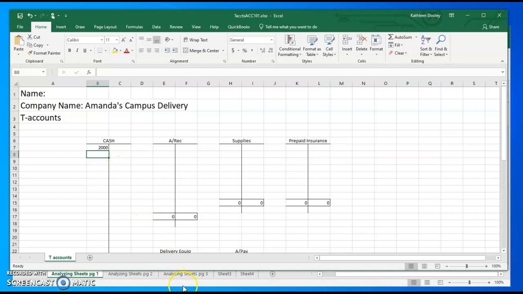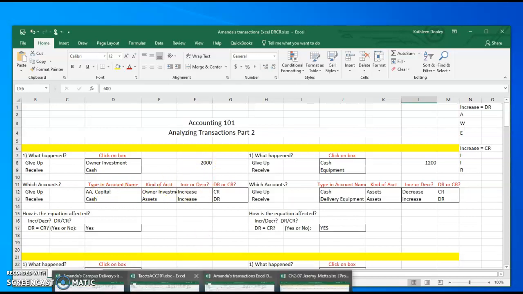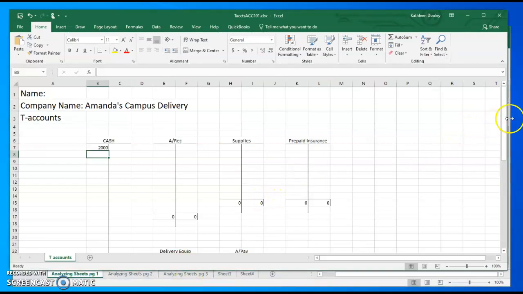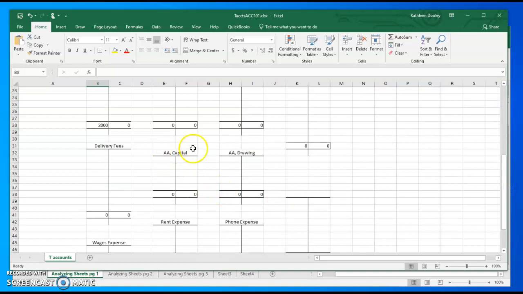And then I'm going to credit AA capital 2,000. Credit is on the right side. Credit means right side. So I find AA capital, and on the right side, I put the 2,000.